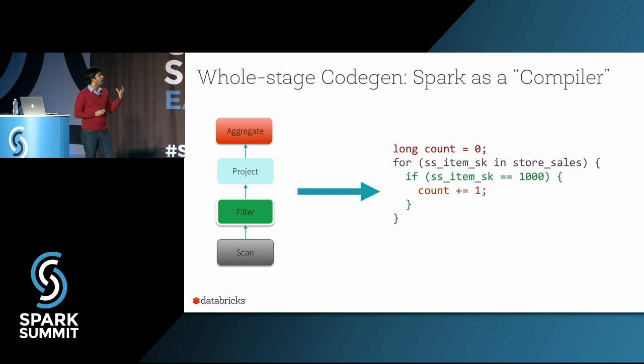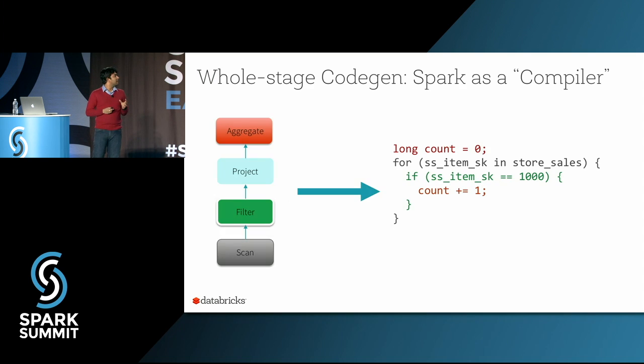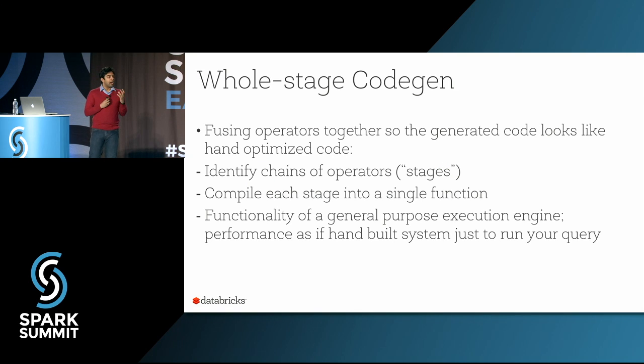All in all, the idea behind whole-stage code generation is that we can fuse these operators together so that we generate code in Spark that looks almost like hand-optimized code. The code we just saw looks like something that you and I would write when trying to do a filter and a count on a particular data set. The idea is that we can identify chains of these operators, or stages, and then compile each stage into a single function.